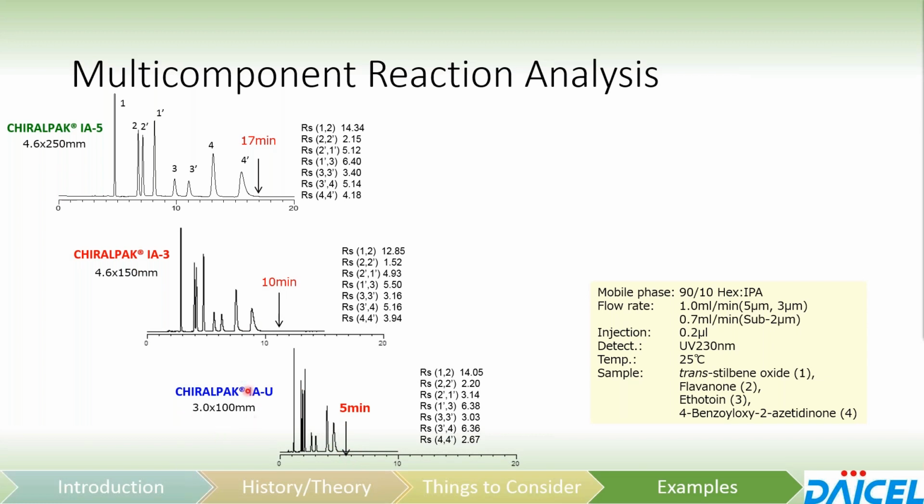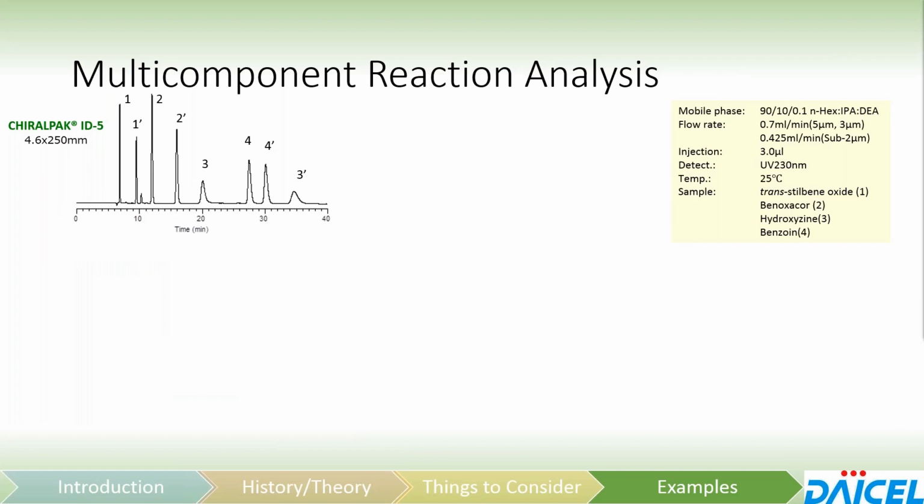You've cut your column dimension down to a 3 by 100. So again, your solvent savings, your savings in analysis time. And if we zoom in to some of these later eluting, or even some of these that seem a little blobby, you actually still maintain good baseline separation for all of your components, switching from your larger particle size to your smaller particle size. We've got a second example here.